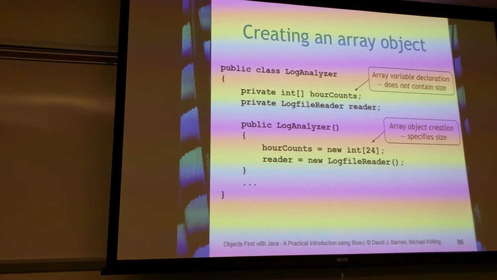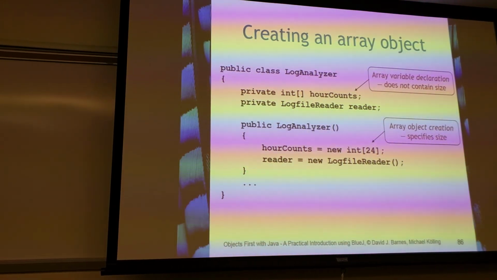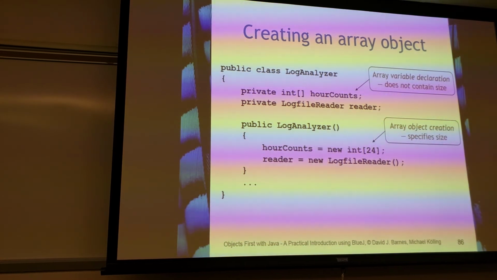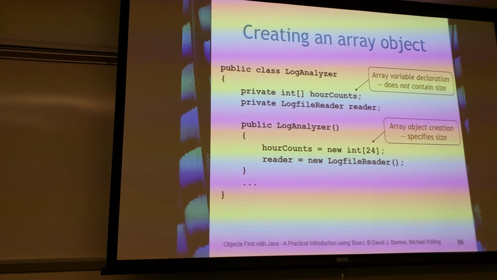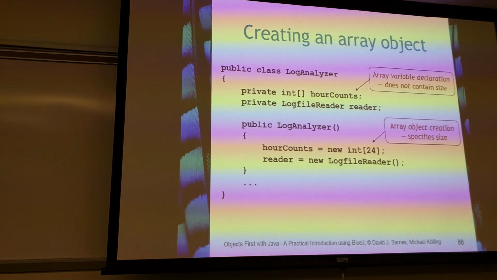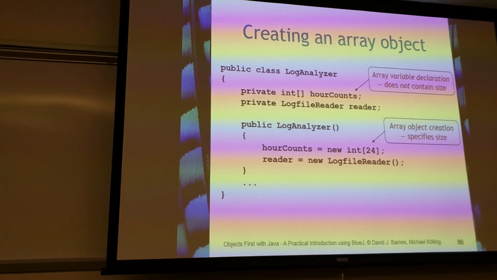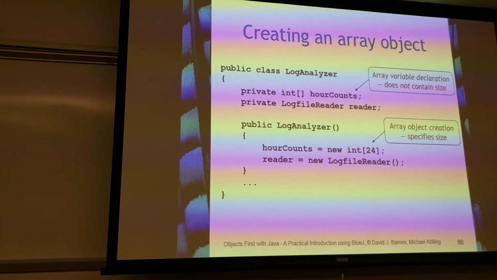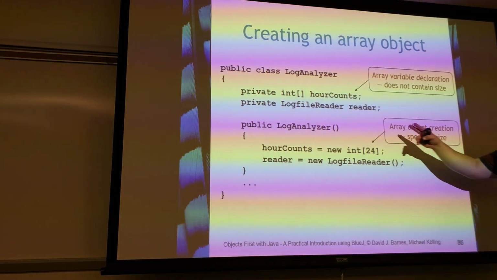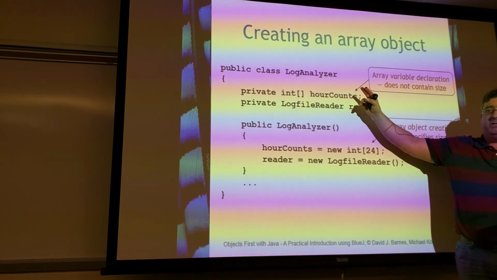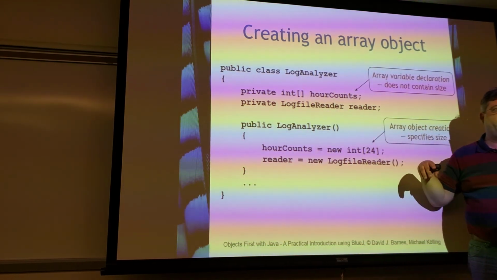Kind of. What happens is arrays are actually objects, and so it's a reference to an object. But the language has built some special syntax around it, so you use square brackets to access things. Generally, people don't even think about them as objects, but they really are. So this just says I'm going to have an array called hour counts, an array of integers of some size.